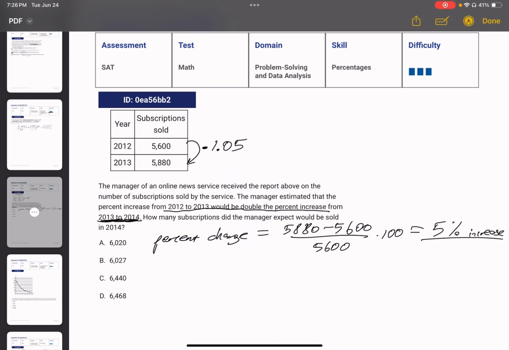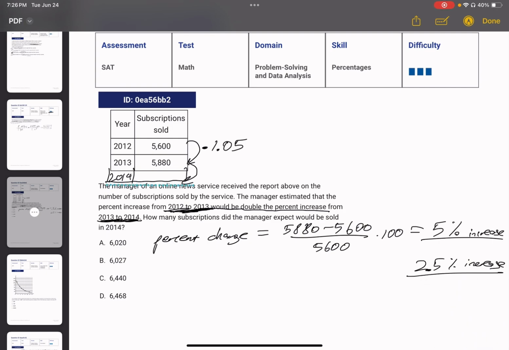Now we're going to do the percent increase for 2013 to 2014. Make yourself a little chart here. And we know that it is half the increase seen from 2012 to 2013, since 2012 to 2013 is double the percent increase of 2013 to 2014. So we know that there's going to be a 2.5% increase.